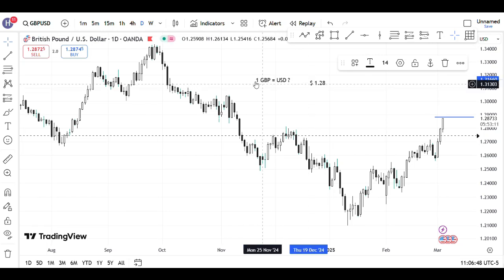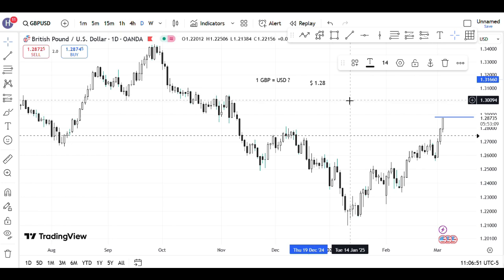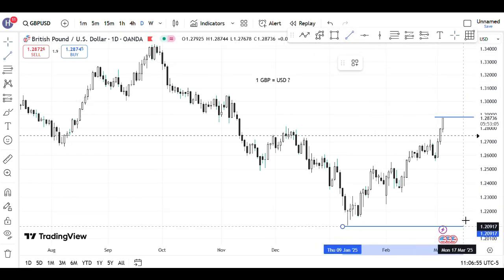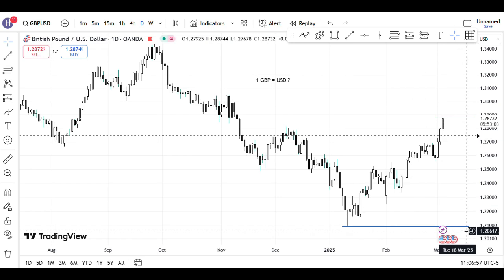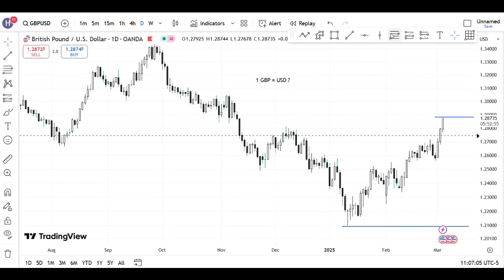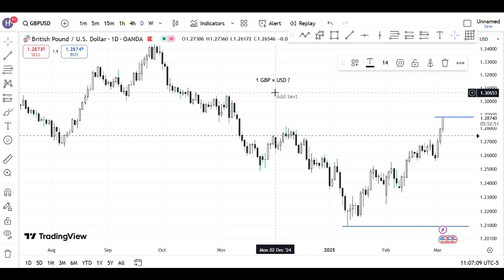That means 1 GBP equals 1.28 USD. Then I will go here and mark it, 1.209. See, previously 1.28, now 1.20.